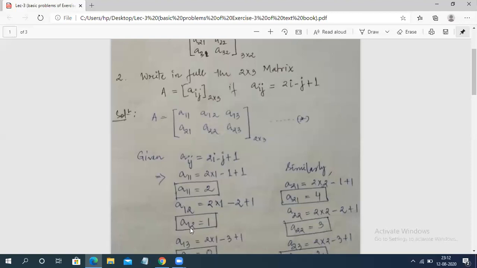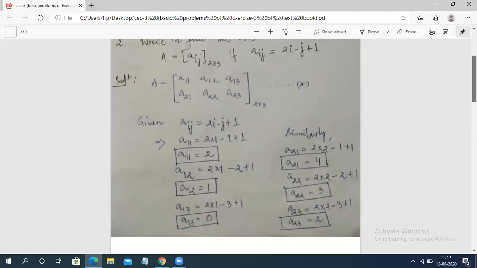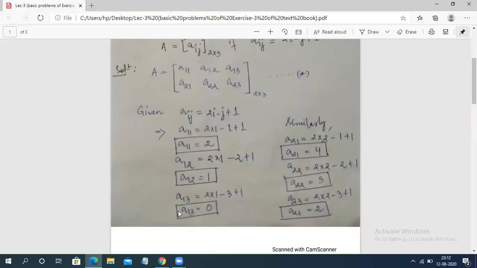So it gives A12 is 1. Similarly, we can find A13. A13 means i is 1, j is 3. Put here i is 1, so 2 into 1, j is 3, so minus 3 plus 1. It gives A13 is 0.